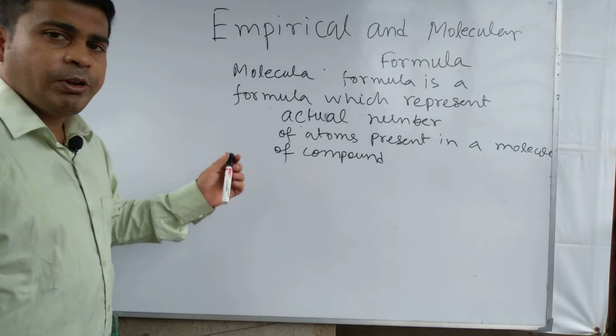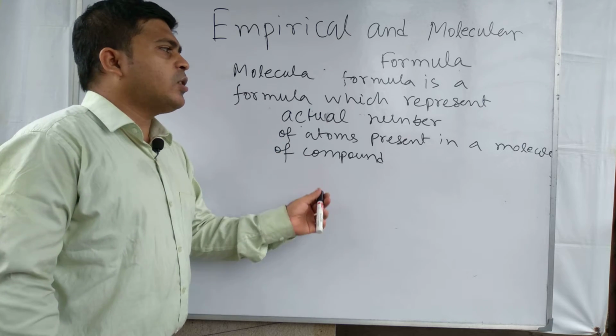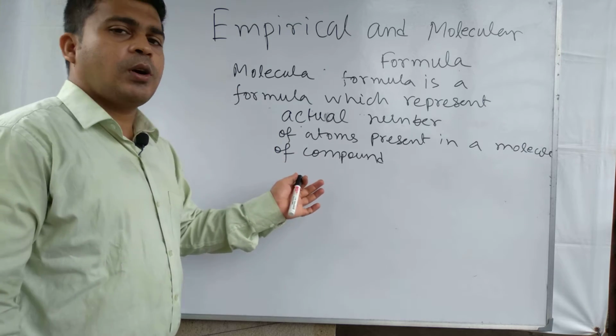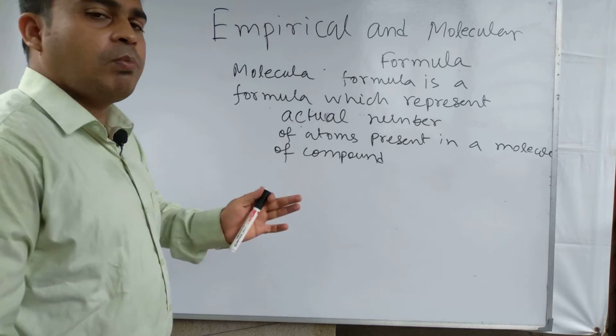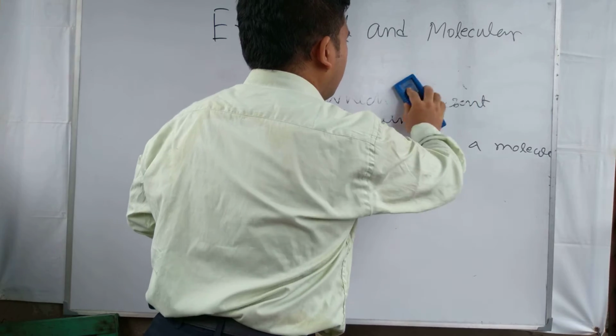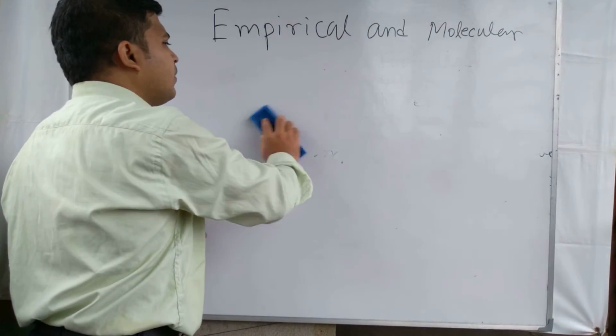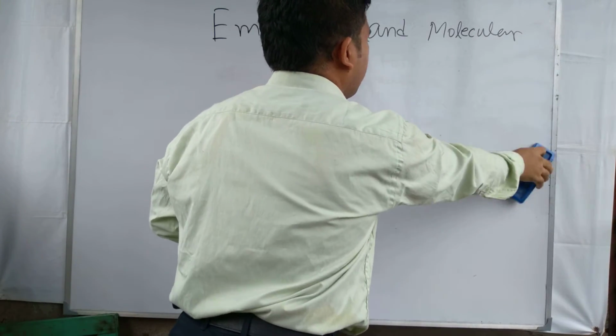This is not any ratio. This is actually the total number of atoms present in a molecule of a compound, and it is represented by the molecular formula. So this one is about the definition of molecular and empirical formula.